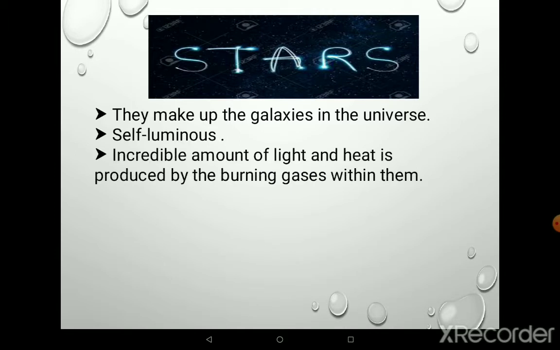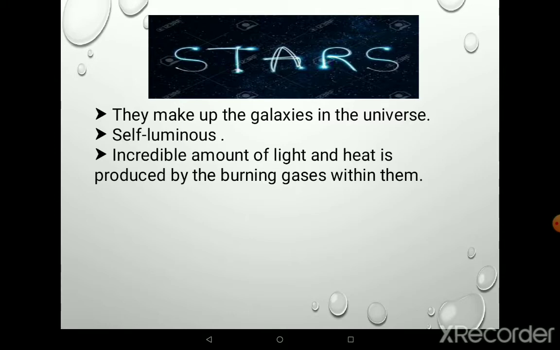An incredible amount of light and heat is produced by the burning gases within them.